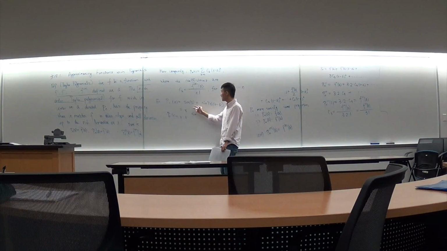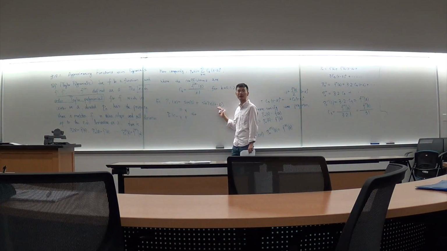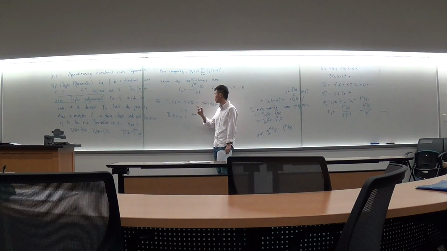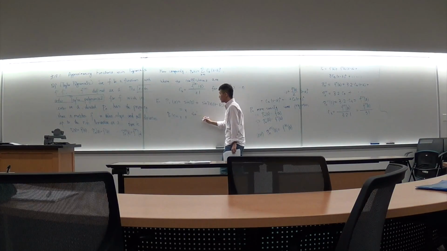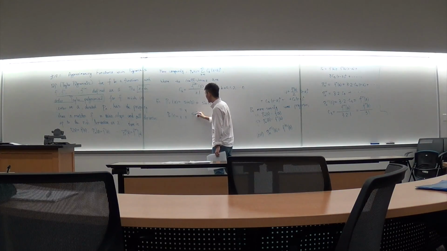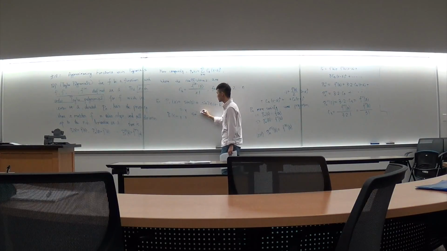Sine 0 is 0. That's right, exactly. X is from here. That's 0, yeah, you're right. So now for P2, we need to find the second derivative of the sine function and then evaluate that at 0.